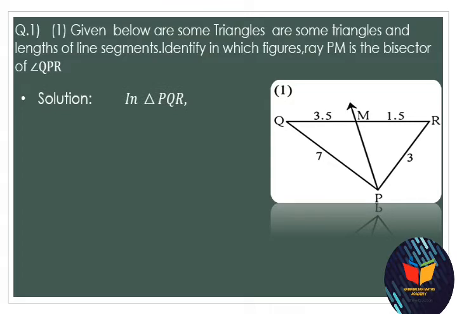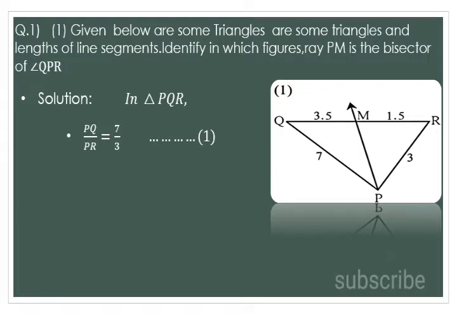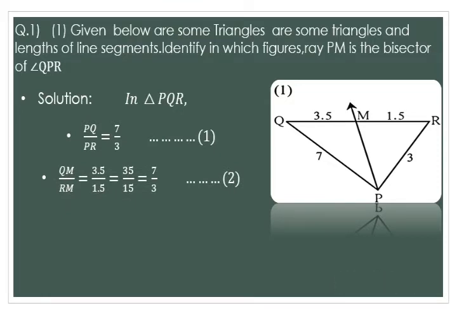In the solution we first write: in triangle PQR, first of all we will find the ratio of PQ upon PR. PQ is 7 and PR is 3, so 7 upon 3, which we call equation number 1. Now we will find QM upon MR. QM is 3.5 and RM is 1.5.